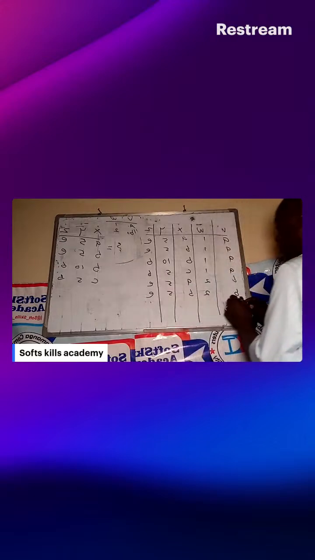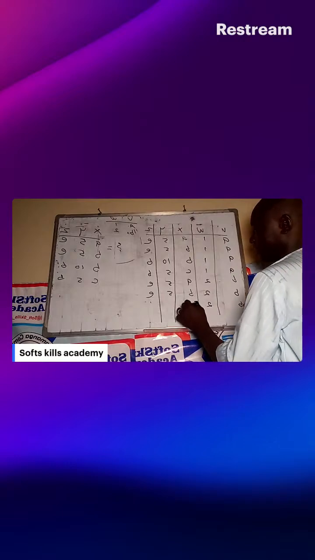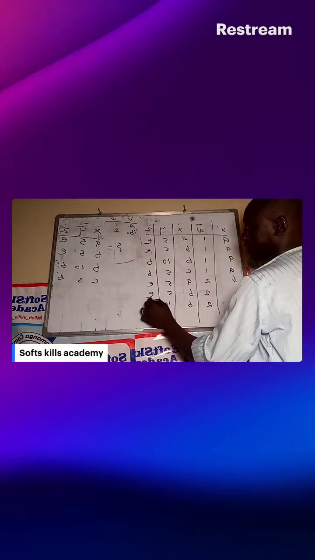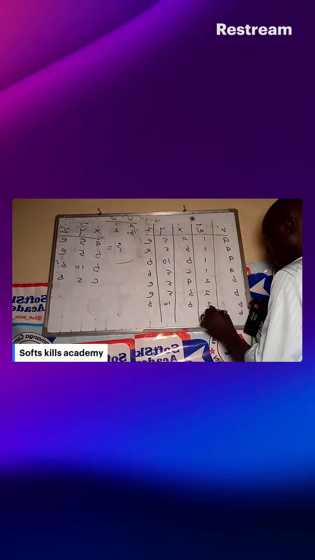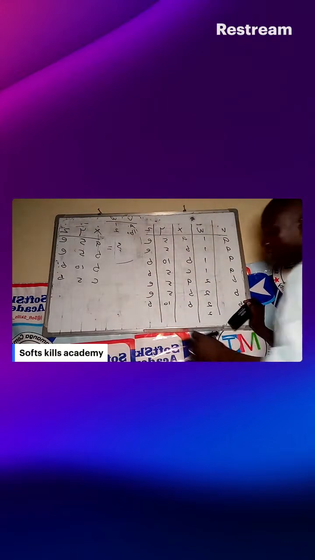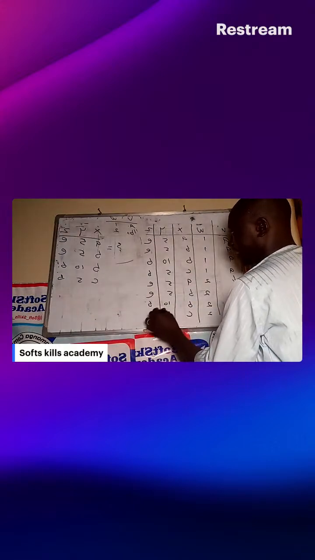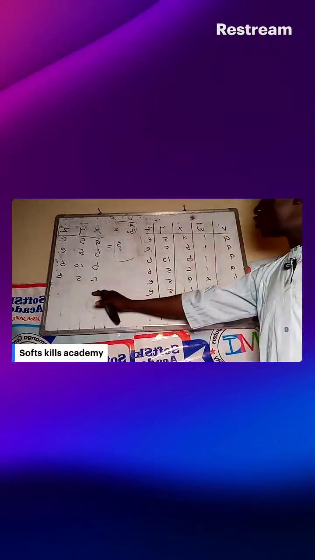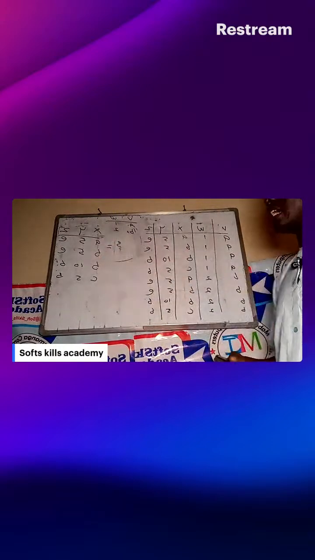The next one is going to be B2, B10, B. The last one is going to be B2. Then you have C5B.